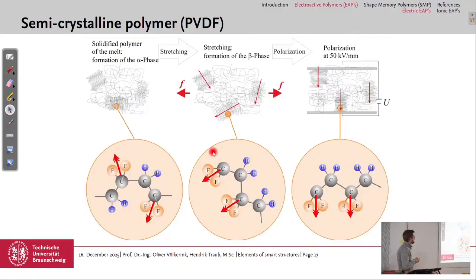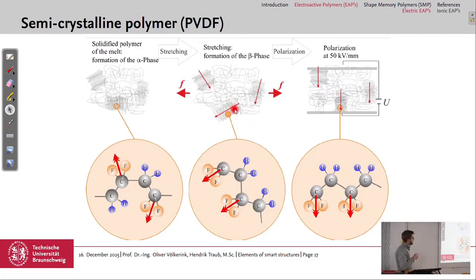So now, how do we come from our solidified polymer out of the melt to the usable piezoelectric material? First, the alpha phase is formed. Again, antiparallel dipoles, so no macroscopic effect. Then we do the stretching. In the stretching, we get the beta phase in the different crystalline areas.